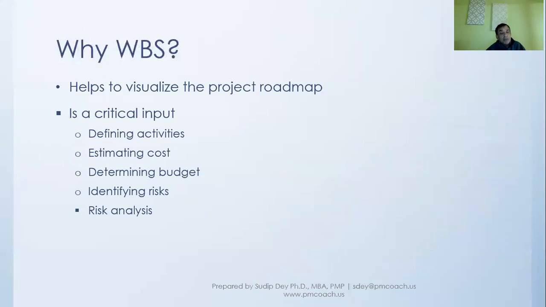Similarly, estimating cost, again, this process will use this WBS. Determining budget will use this WBS, and even identifying risk and risk analysis. All these processes will actually use this WBS or the work package, which is the lowest level component of the WBS, in their process to do the planning and so on.